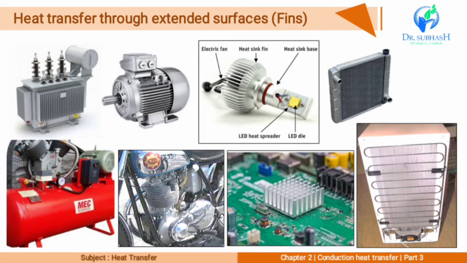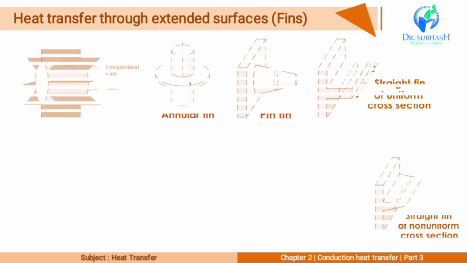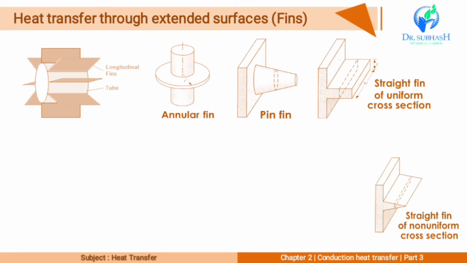In practice, all kinds of shapes and sizes of fins are used. Some of the common types of fin shapes are shown here. Many varieties of innovative fin designs are available in the market. Number 1, longitudinal fins, annular fins, pin fins, straight fins of uniform cross section and straight fins of non-uniform cross section.